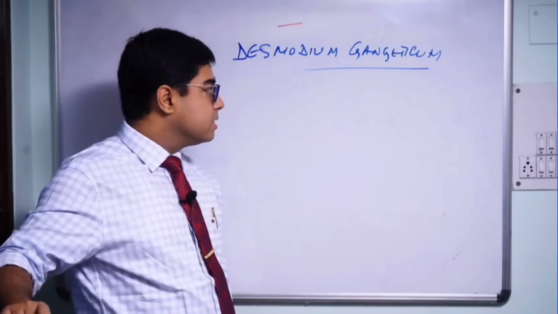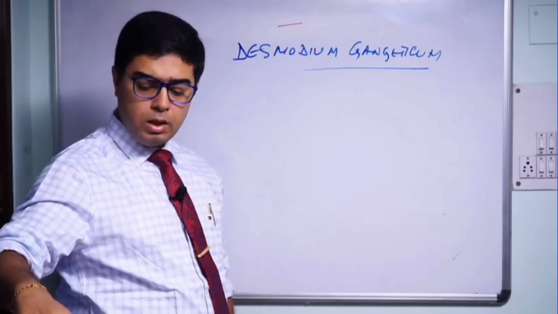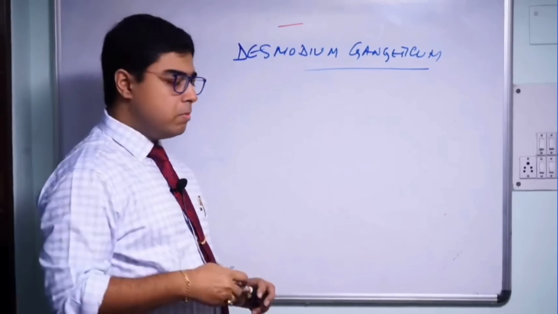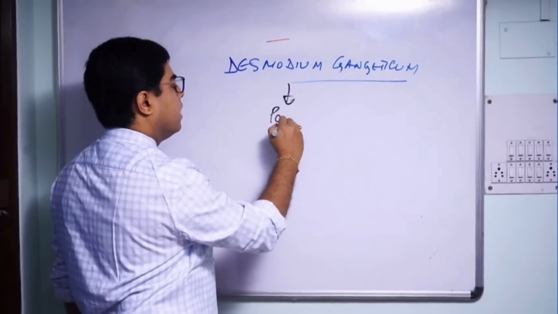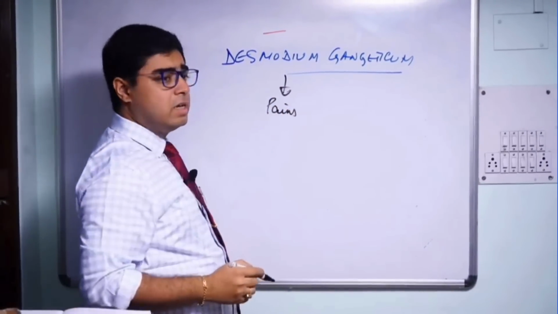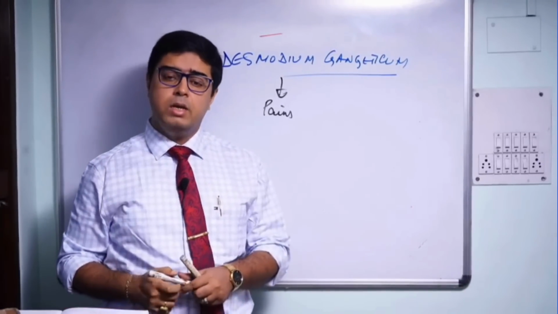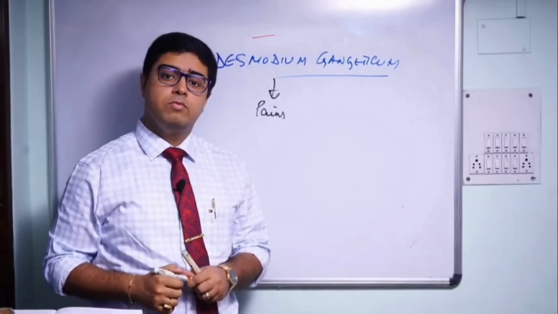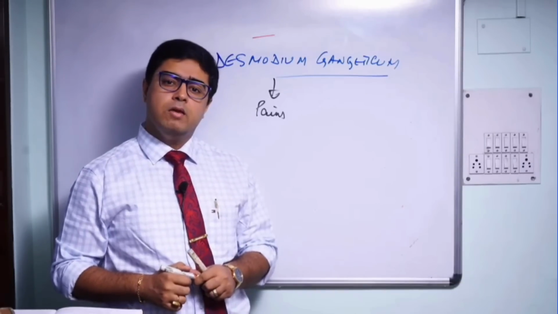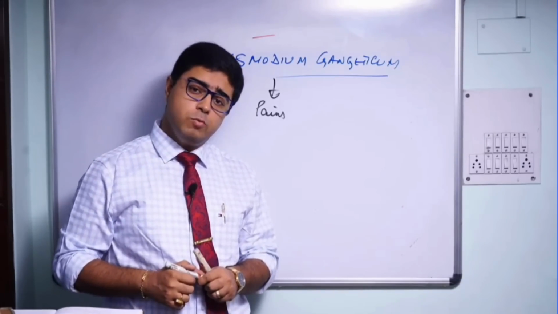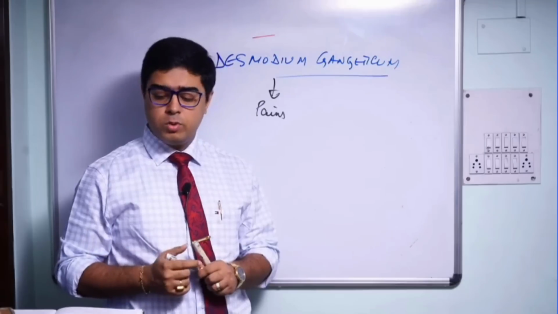The first remedy in this list, as I mentioned, is Desmodium. How and why you can use it? Remember, in Desmodium there are a lot of pains: joint pains, muscle pains, bone pains. So think of cases where you feel there are features of Rhus tox, features of Eupatorium perfoliatum, but you're confused where to go.